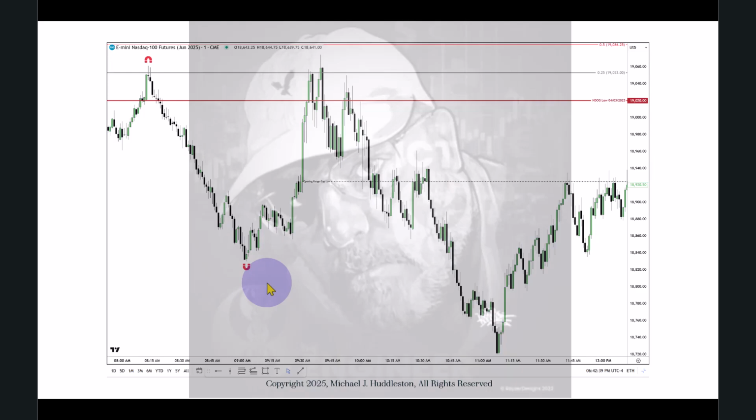Now, before you get all crazy and start thinking, oh, he's teaching the 90-minute cycles, this, that, and the other thing. No, no, no. This is a very specific 90-minute window that sets the tone for how the algorithm in the opening range is going to refer to very specific buy side and sell side liquidity pools.